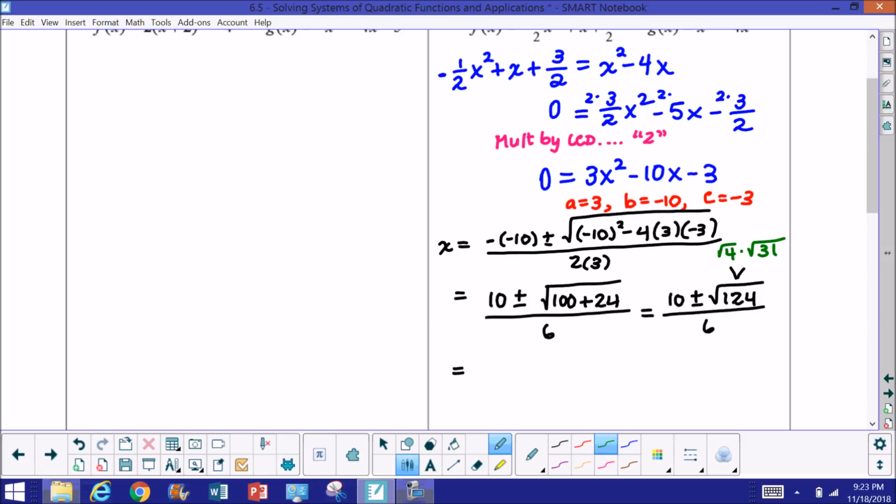So that means we would end up with 10 plus or minus the 2, times the square root of 31, all over 6. So at this point, we redo a little reducing, and we could call this 5 plus or minus the square root of 31 all over 3.